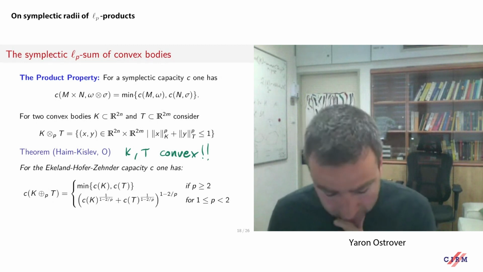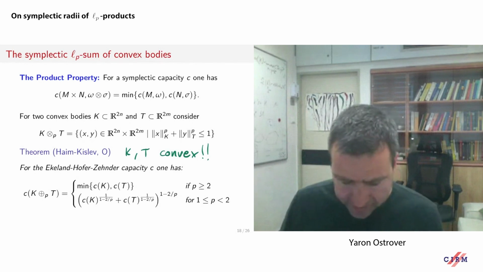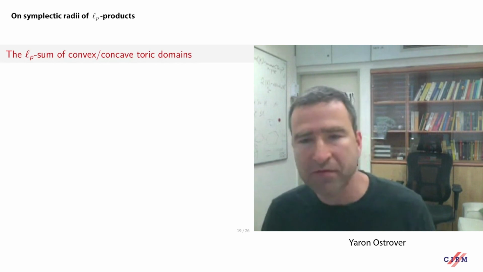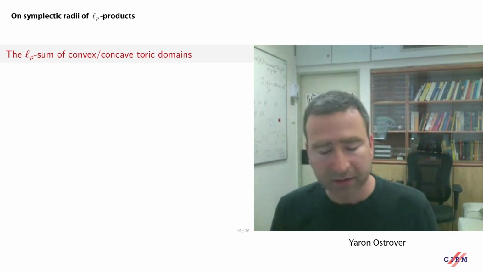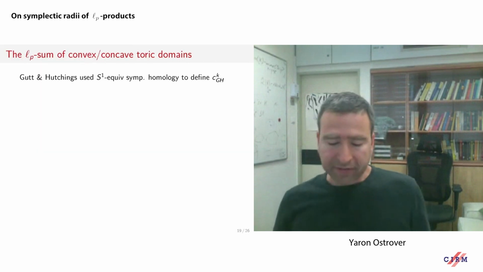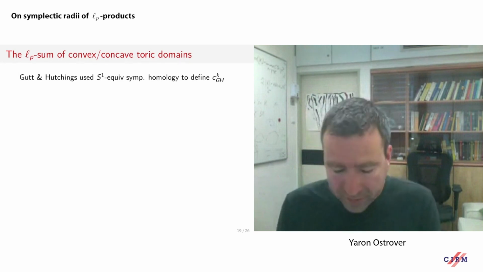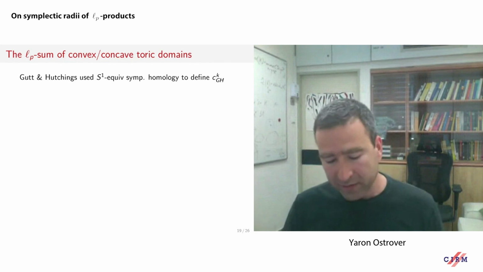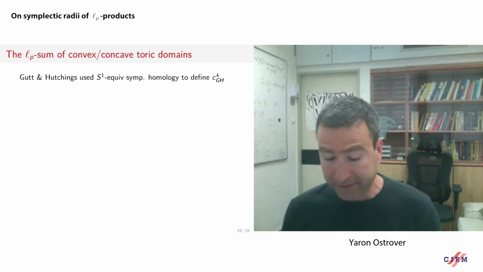one more comment about the P sum of convex domains, and now I want to focus only on convex and concave toric domains, but not necessarily in R^2. There is a family of symplectic invariants constructed by Gutt and Hutchings using S^1-equivariant symplectic homology.